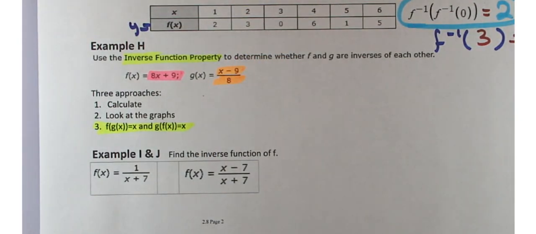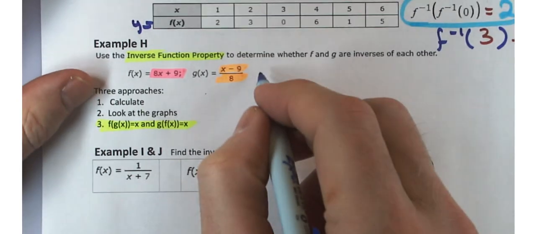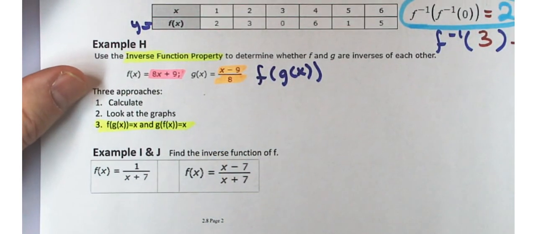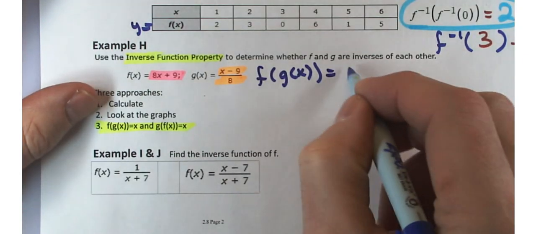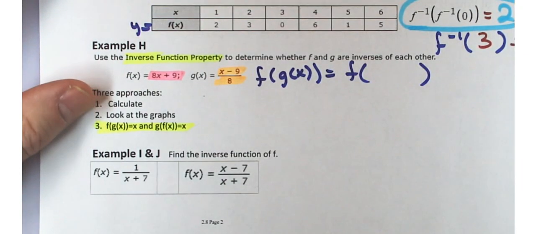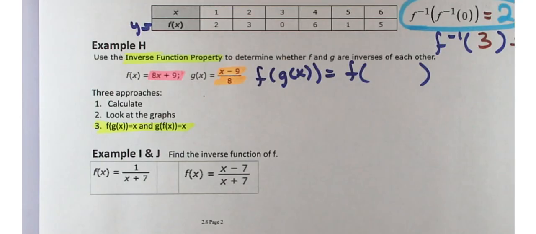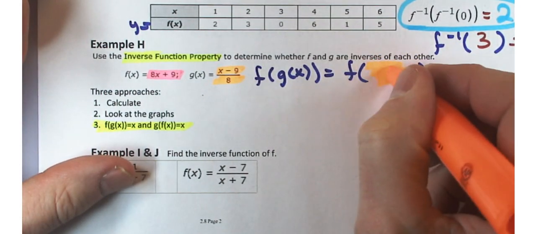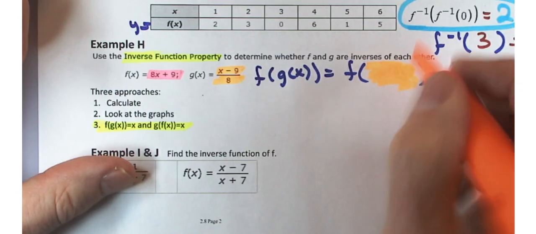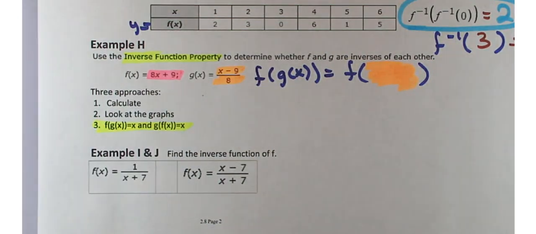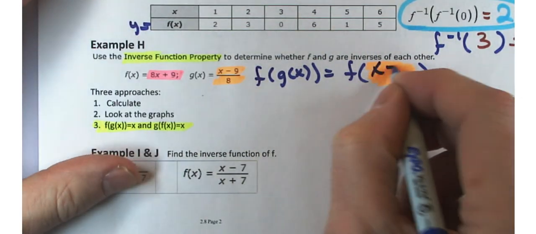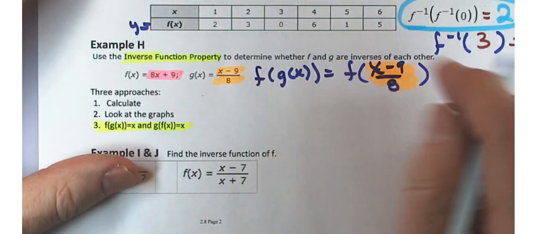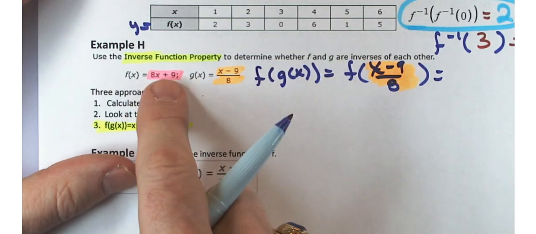And I'll start by calculating f of g of x. Well, g of x is really just x minus 9 over 8. So instead of g of x, I'm going to write x minus 9 over 8. And now I'm going to put that into the function for f of x.